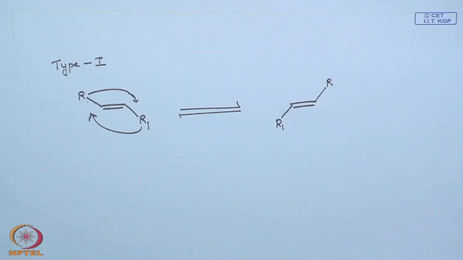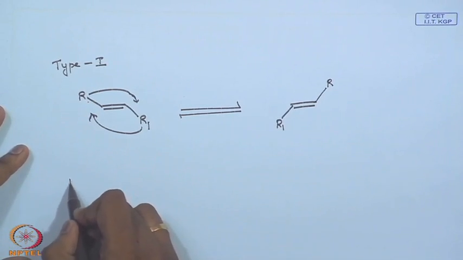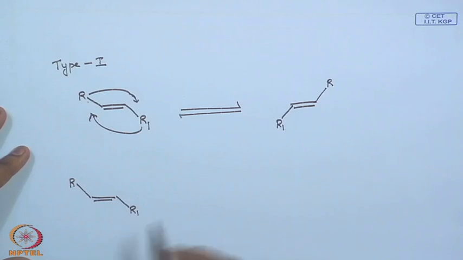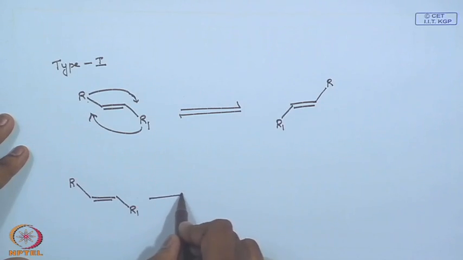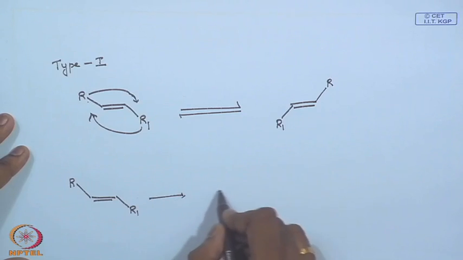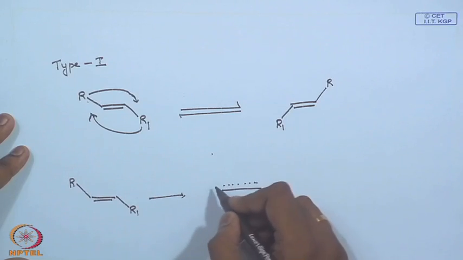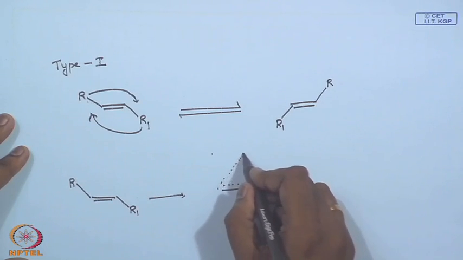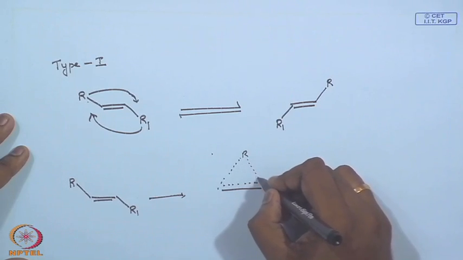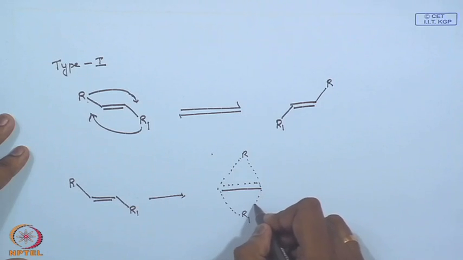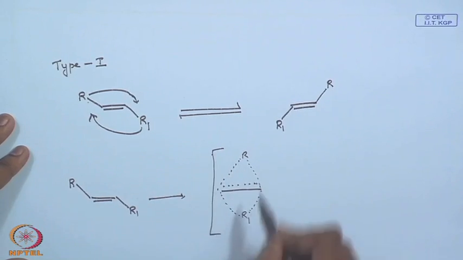So how do I understand how this happens? If I take the same molecule, R and R1, just thinking about the transition state, how can it happen? I can have a transition state like this, with my R here, then my R1, like this.